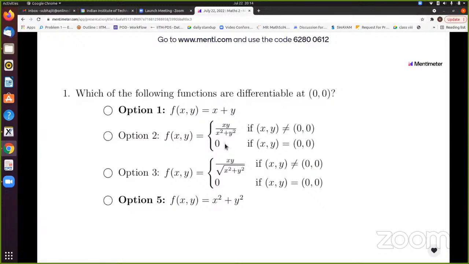In this type of question, we cannot do further calculation. You can conclude why we take y equal to mx, so for different m you will get different values for the limit. So the limit does not exist, so it is not continuous. If it is not continuous, it cannot be differentiable, because if it is differentiable then it must be continuous. So if it is not continuous, then there is no point in checking differentiability. Correct? Got it?